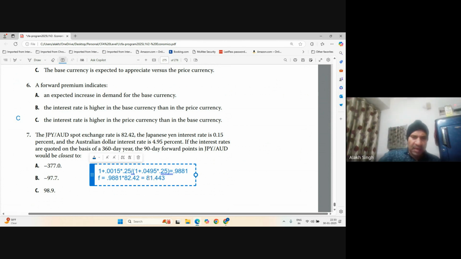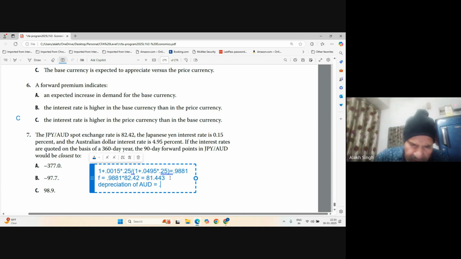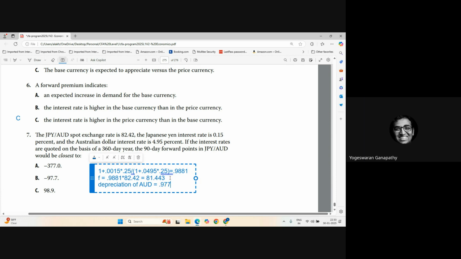So we will deduct this, and hence the difference. Difference means depreciation. Depreciation of the Australian dollar, AUD, is equal to 0.977.